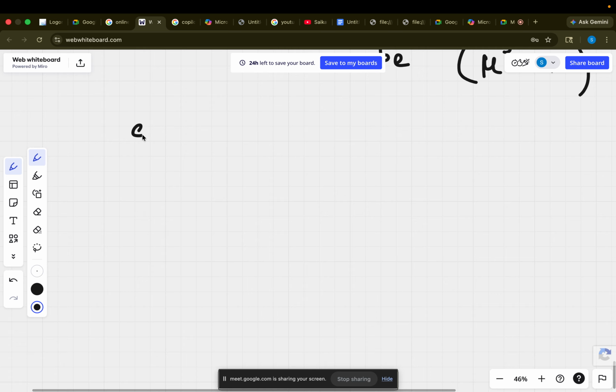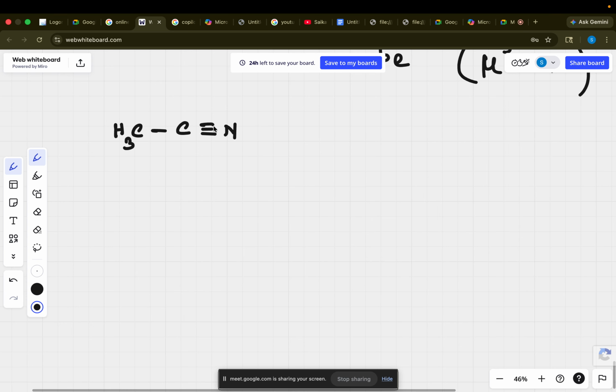Suppose I have this ligand. Can you tell me how many electrons it can donate? Two electrons, right?